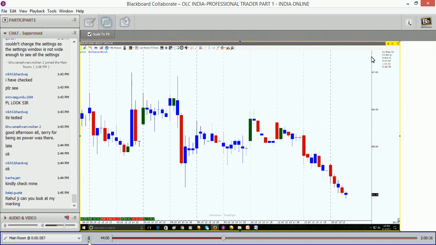The zone right at the top, Srinivas, would you feel it is tested or it is fresh? The zone right at the top. 66.